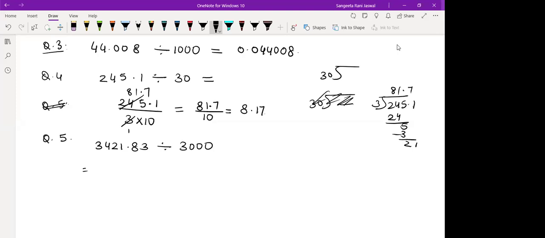So what will you do? The numerator you will write as it is, and 3000 can be written as 3 into 1000. Now you divide this number by 3 and then adjust the decimal point according to the denominator. Please do.